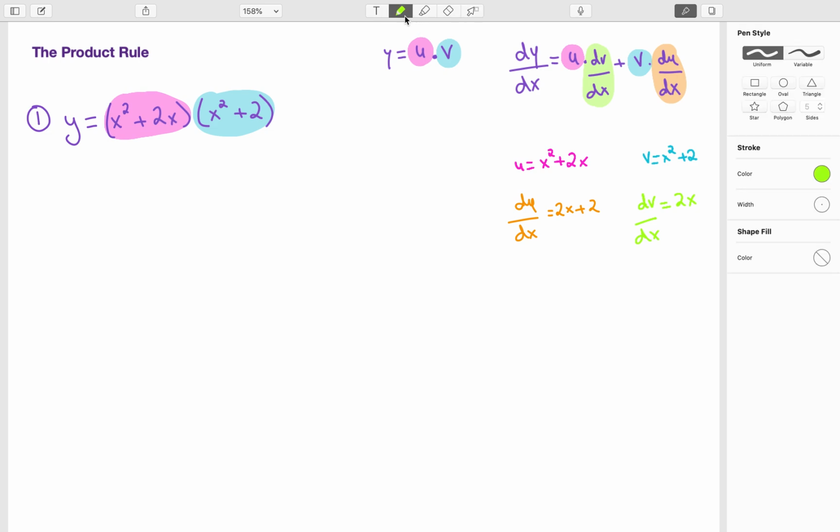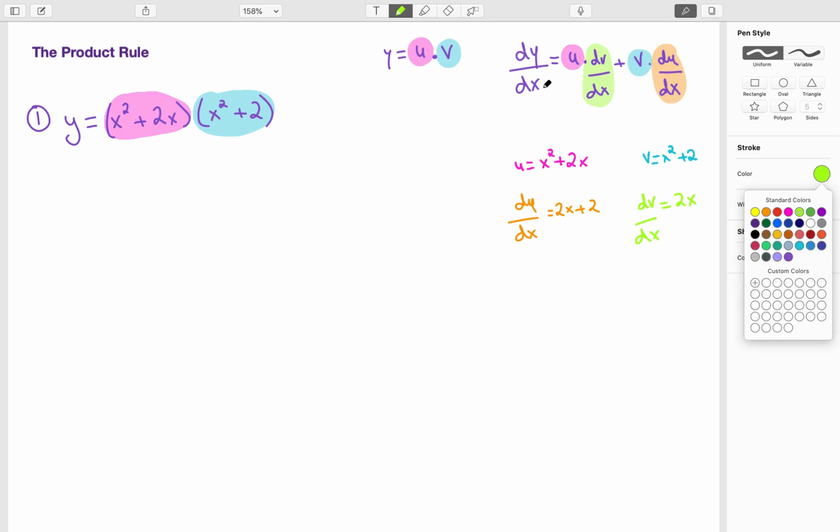Now that we've figured out du dx and dv dx and u and v, we go back to what the rule tells us, which is in your log tables on page 25. It shows us exactly what we have to do.